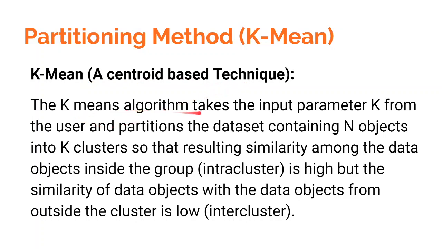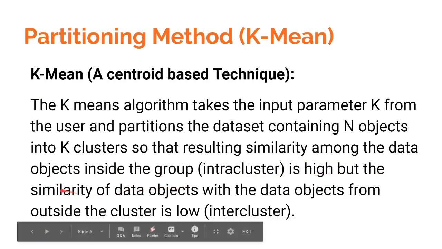It takes the input parameter k from the user and partitions the data set containing n objects into k clusters, so that the resulting similarity among the data objects inside the group, that is intra-cluster, is high, but the similarity of the data objects with the data objects from outside the cluster is low, that is inter-cluster.